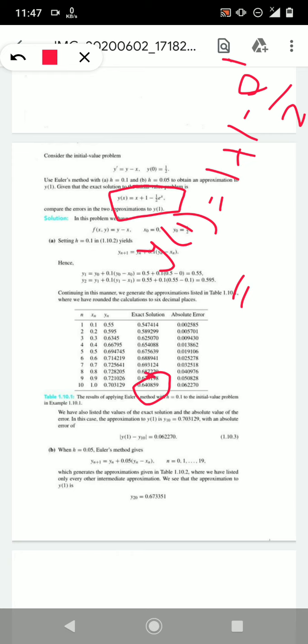The absolute error in this approximation is the exact solution minus the approximated solution, which is equal to 0.062270.